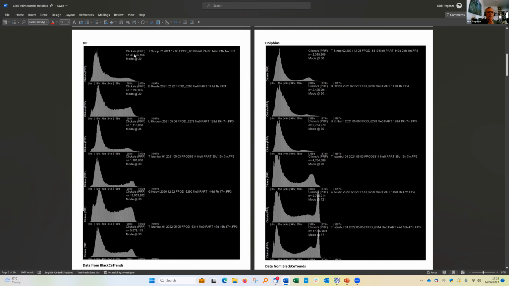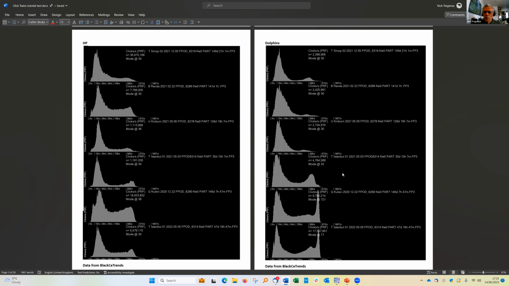And you can see the numbers. So 36 million porpoise clicks. All these are like 1 million up to 36, and the dolphin numbers are not quite so high. But I see they have different lengths, like 149 days, and some of them are 35 days. And from the other side, they could also be from different seasons.